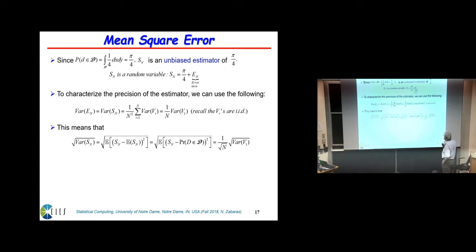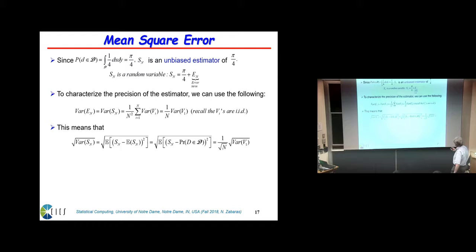So the mean square error is the square root of the actual variance divided by the square root of n. So what we have shown here, for at least a simple experiment, is that the mean square error varies as 1 over square root of n. This is the most fundamental aspect of Monte Carlo methods, that the mean square error varies as 1 over square root of n.